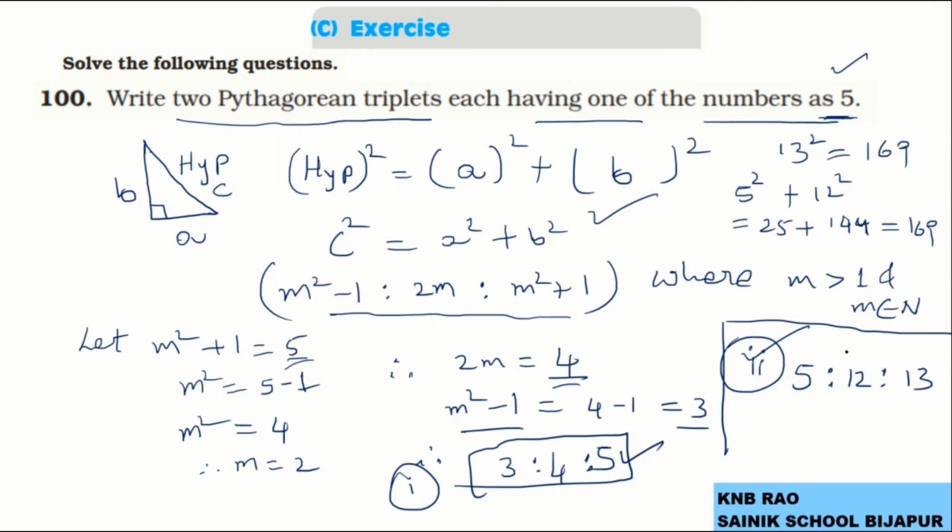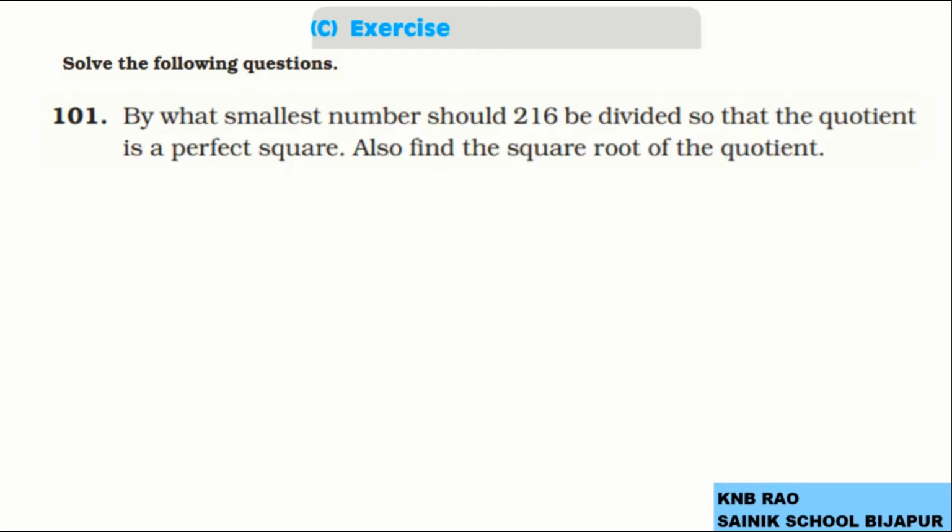Now coming to the next question, 101. See students, in question number 101, by what smallest number should 216 be divided? That means 216 is not a perfect square.